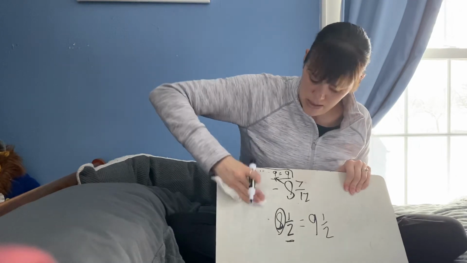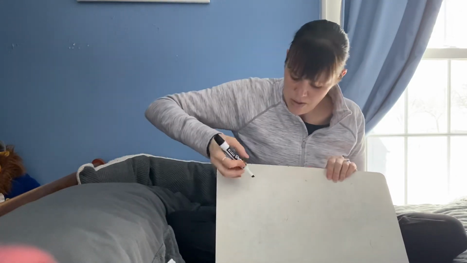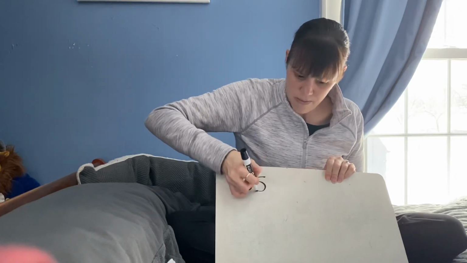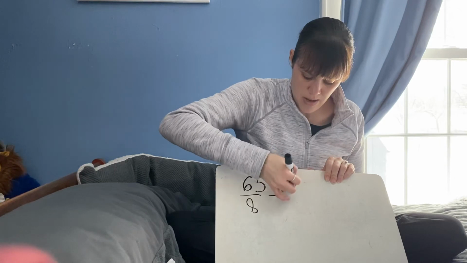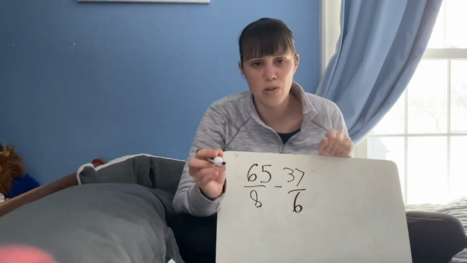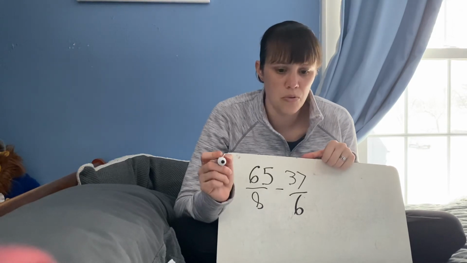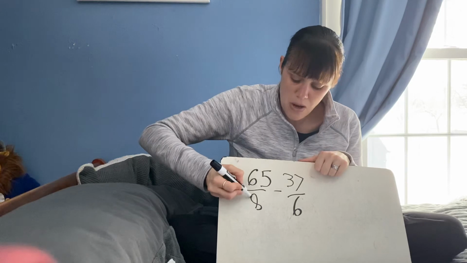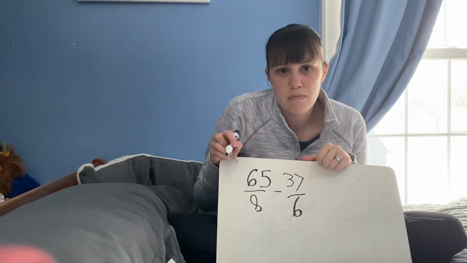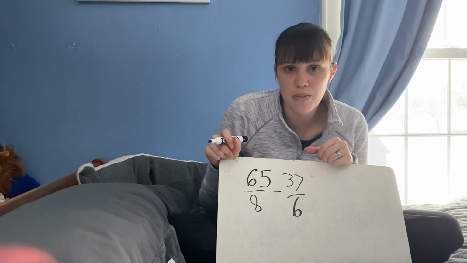All right, and then D, our last one, we have 65/8 minus 37/6. Now, I know some of you in my class right now are thinking those numbers look really close to some numbers. Which numbers are they? Well, skip count by eighths right now. 8, 16, 24, 32, 40, 48, 56.